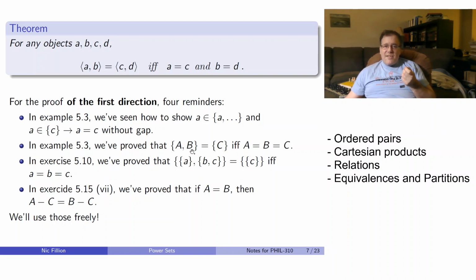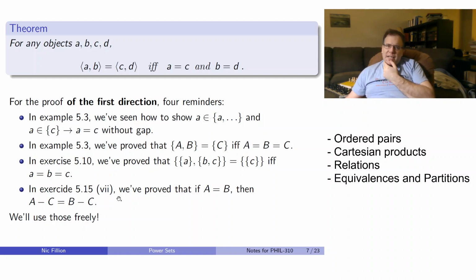So that's the same as what we had in example 5.3, except that we replace A by the set singleton A, we replace B by the set containing B and C, and we replace C by singleton C. So it's just a particular case, really.